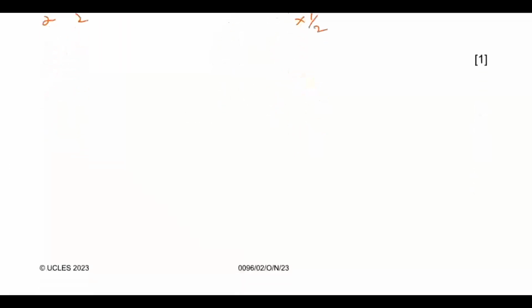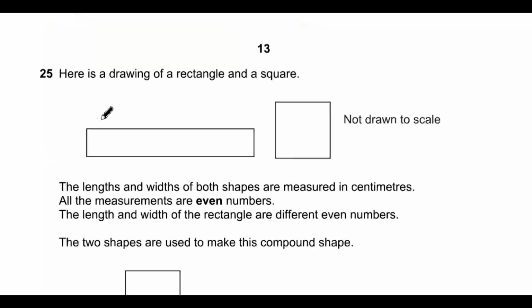Okay, so question 25. So let's scroll now. Okay, so here is a drawing of a rectangle and a square. For this, the length and the width of both shapes are measured in centimeters. All the measurements are even numbers.